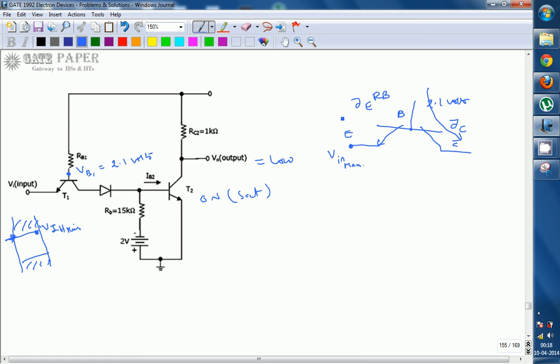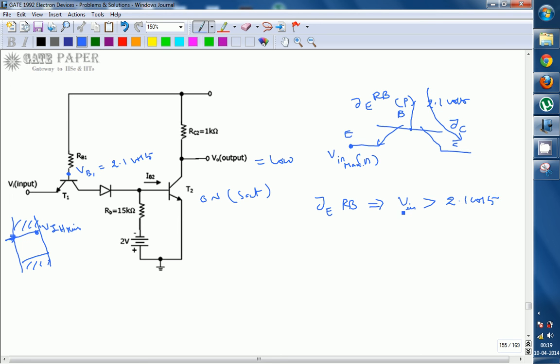This is an NPN transistor, so the emitter is N and the base is P type, and for the emitter base junction to be reverse biased, the emitter is at the N side, so the emitter must be more positive. So V input must be greater than 2.1 volts. That is, the emitter voltage should be greater than the base voltage, such that the emitter base junction will be in reverse bias.